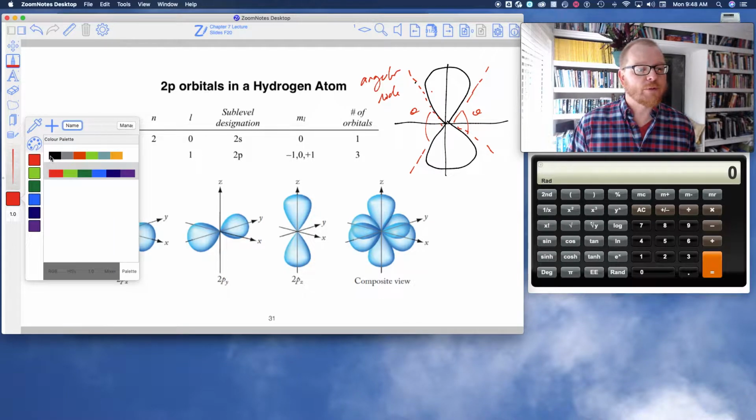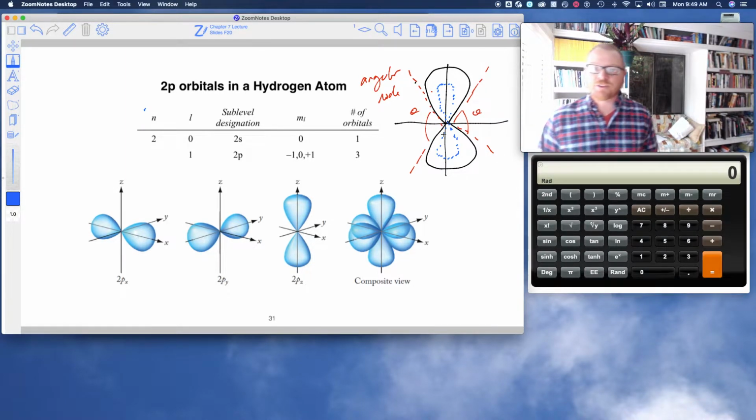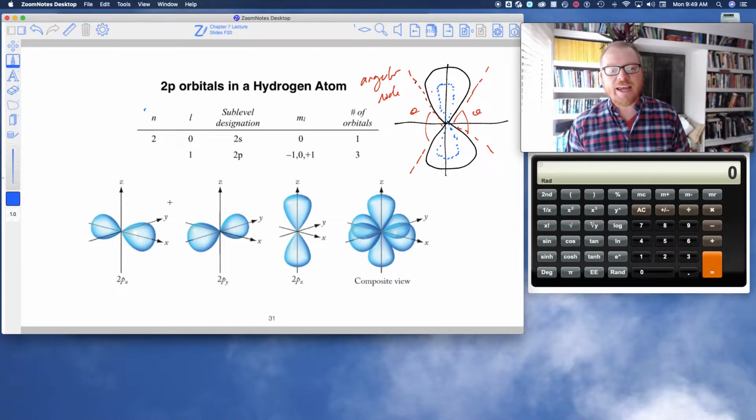So how do we represent radial nodes? Well, the radial nodes are going to be internal. Just like we saw with the s orbitals, those radial nodes make those internal nodes. As it turns out, p orbitals can also have these types of onion shells. So for 2p, we have to inspect, are they going to have any?